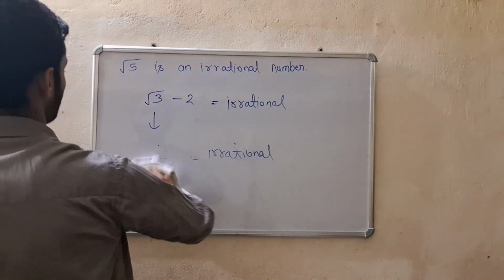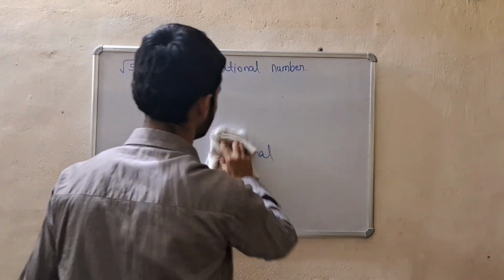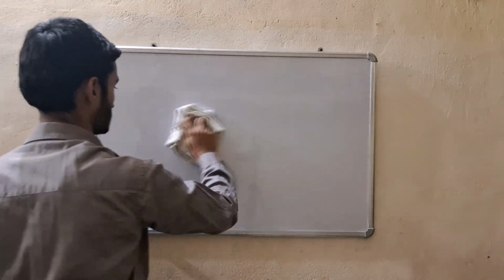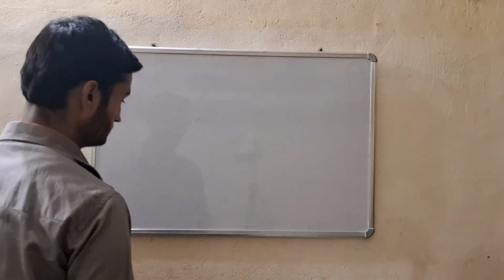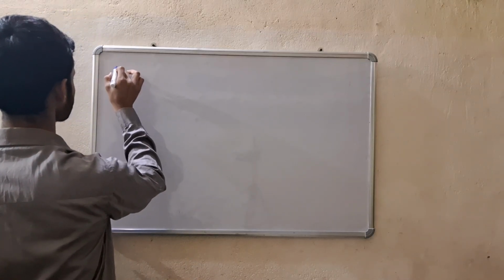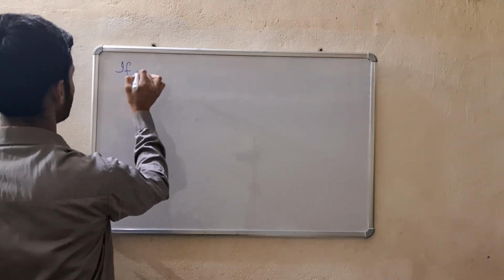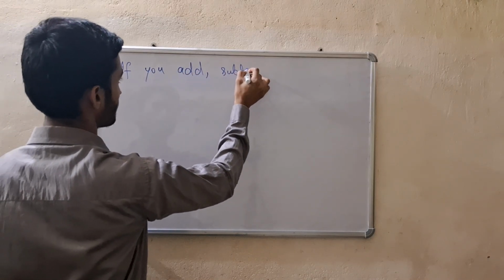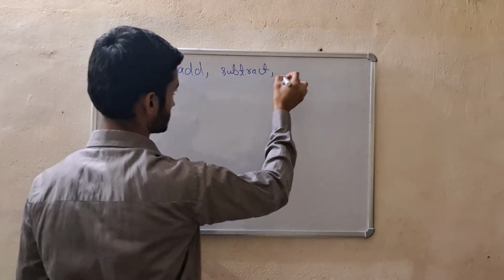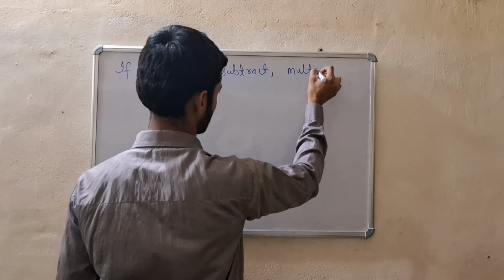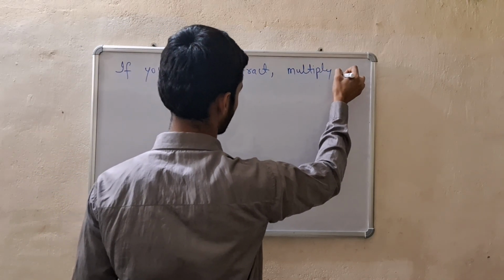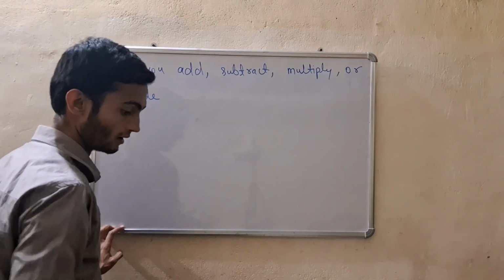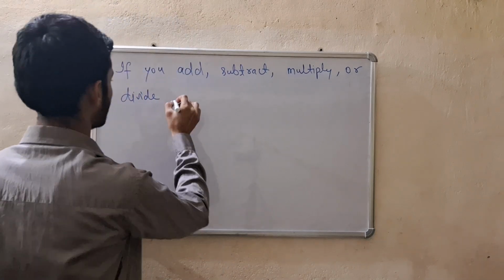But what happens when we add, subtract, multiply or divide two irrationals?